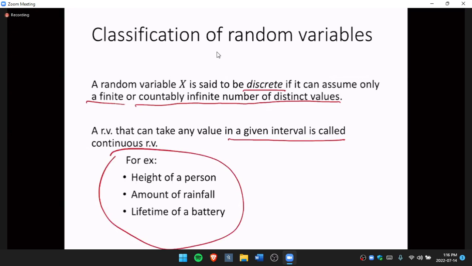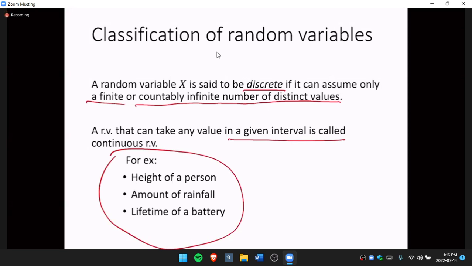Height of a person, amount of rainfall, and lifetime of a battery can be considered continuous data, while number of chairs in a class and number of students in a class are examples of discrete random variables. First, we are going to discuss discrete random variables. We will discuss continuous random variables later.